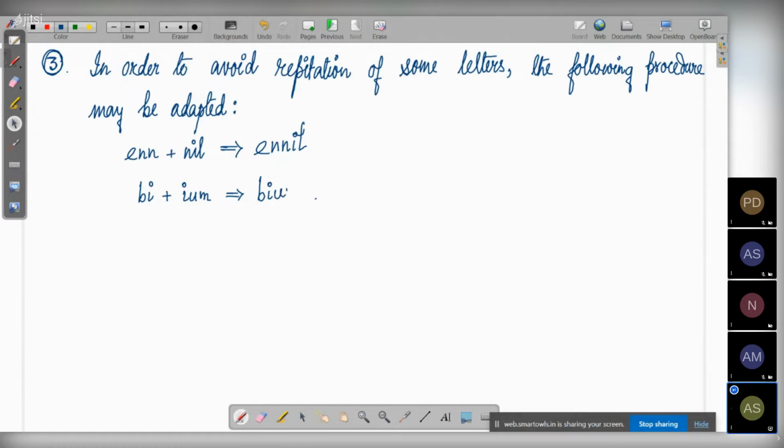Similarly, try tri and ium. That will be trium. Try.